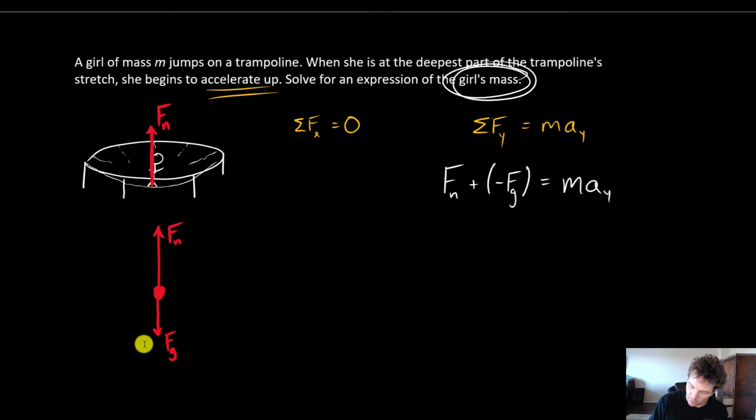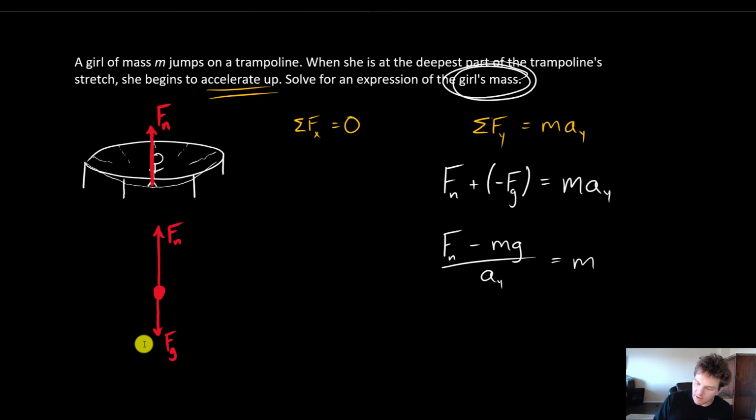Let's see, normal force minus, remember we can turn Fg right there into, we can replace it with its equation for the weight. That's just mass times the pull of gravity. And all of this is going to be divided by the acceleration in the y direction. Right?